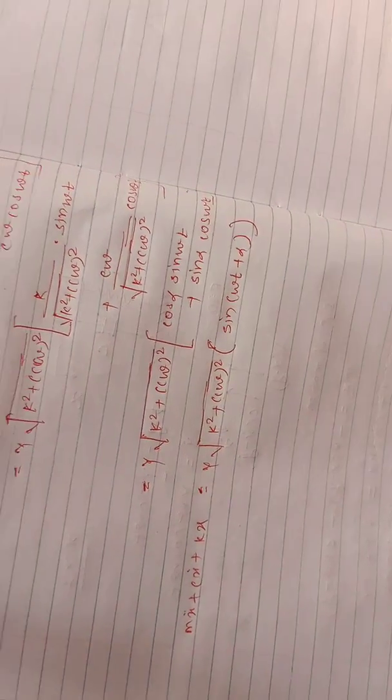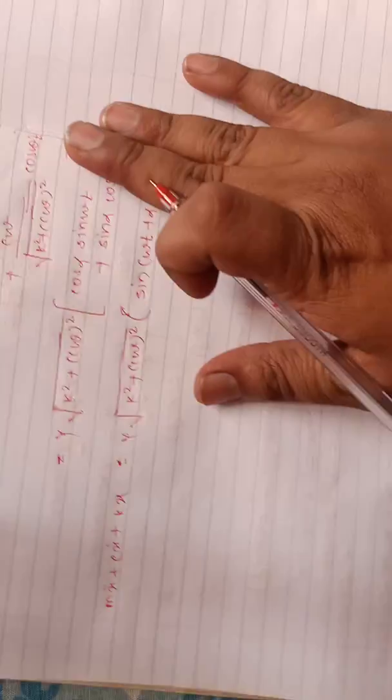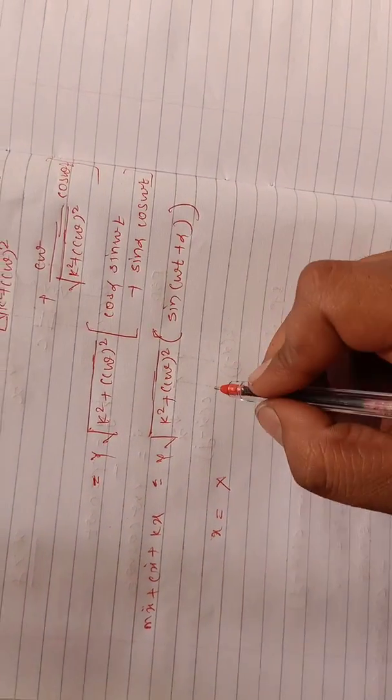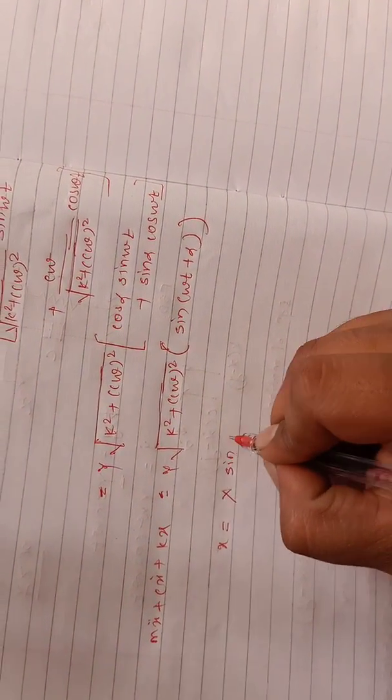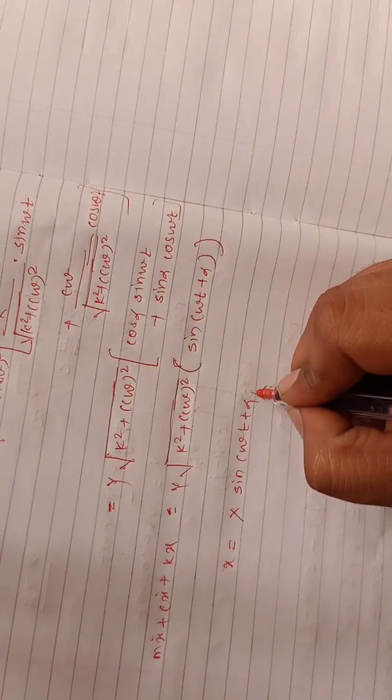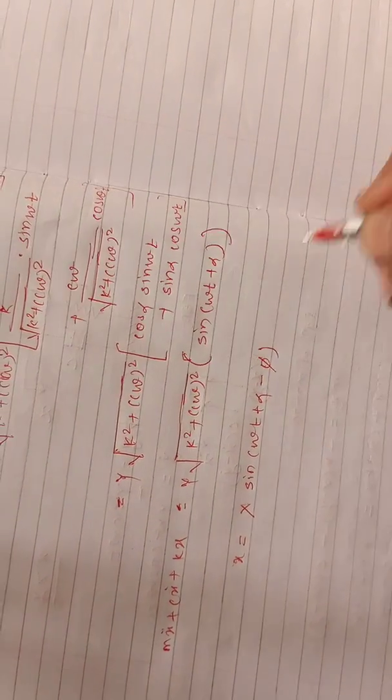So let's take the response x as x is equals to X sin (omega t plus alpha) and a phase angle of phi.